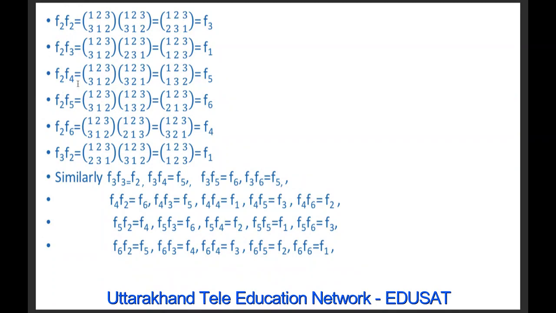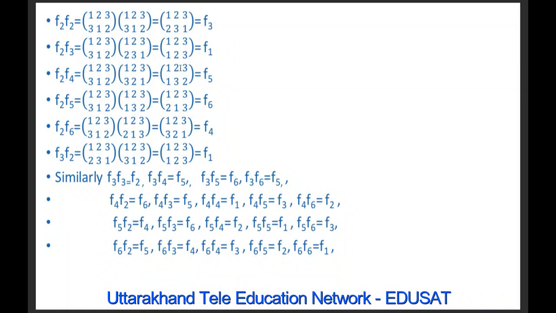Now F2 into F4. F2 is 1 2 3 with second row 3 1 2. F4 is 1 2 3 in the first row, 3 2 1 in the second row. So the image of 1 under F2 is 3 and the image of 3 under F4 is 1. So 1 under 1. The image of 2 under F2 is 1, and the image of 1 under F4 is 3.